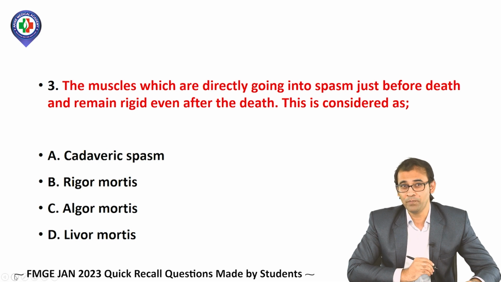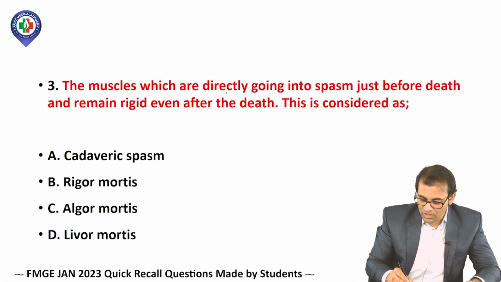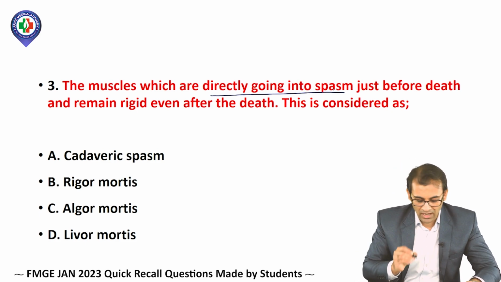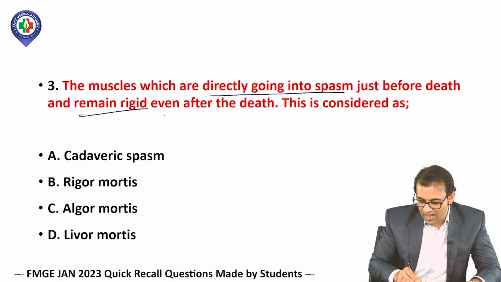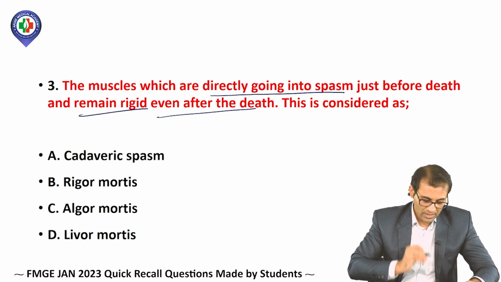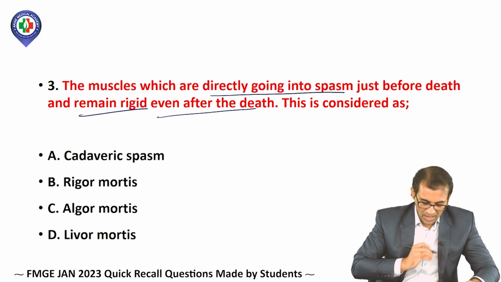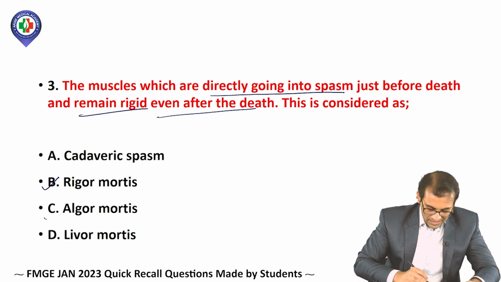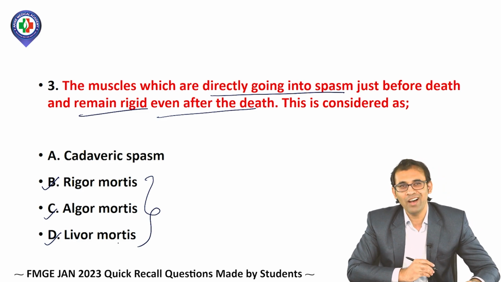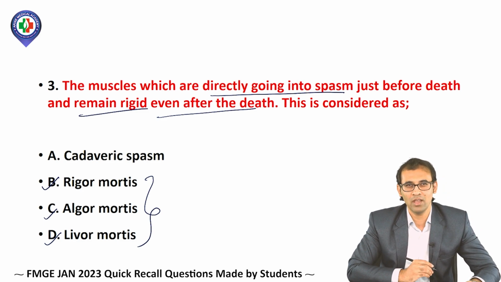Now question number 3. The muscles which are directly going into spasm just before death and remain rigid even after death. This is considered as, options A, B, C, D. When I talk about rigor mortis, algor mortis, livor mortis, all these are early signs of death, right?